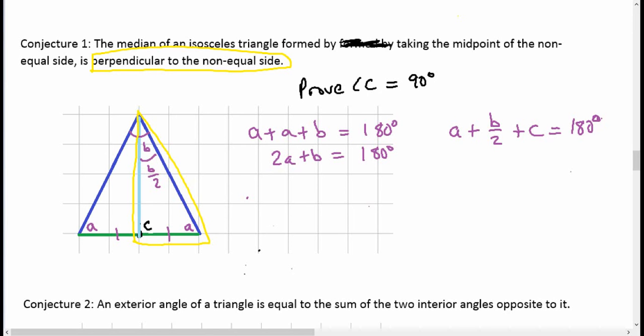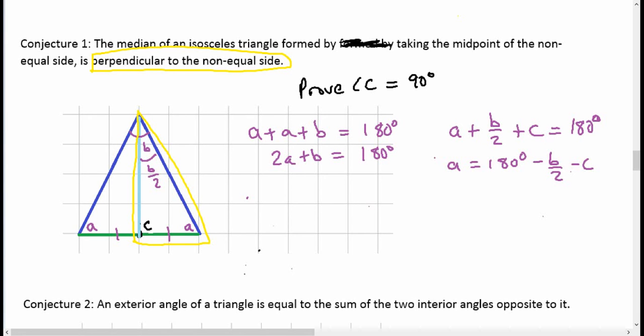What I'm doing right here is not really something you're expected to be able to do in grade 9. In grade 10, you should be able to do this. So we're looking ahead a little bit at some higher skills. We're going to use these two equations to figure out if C is equal to 90 degrees.